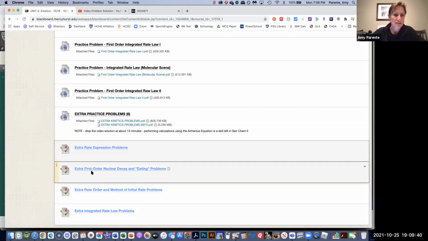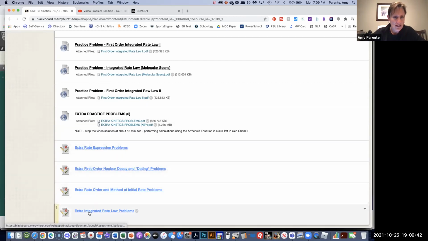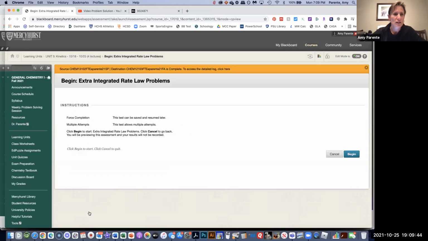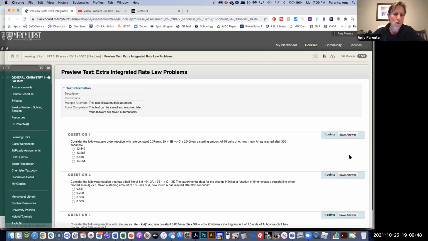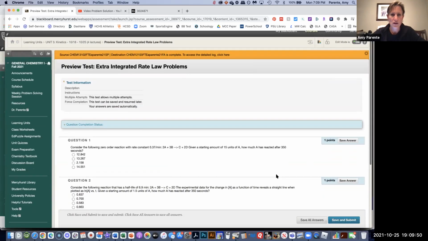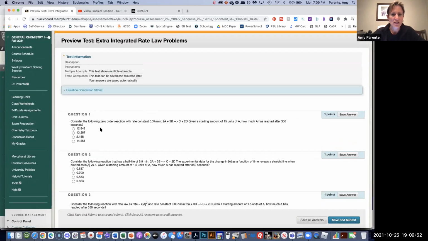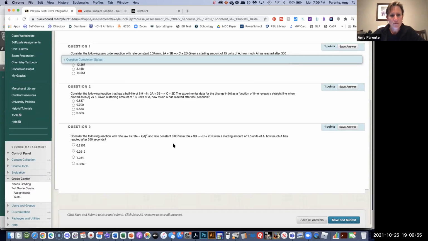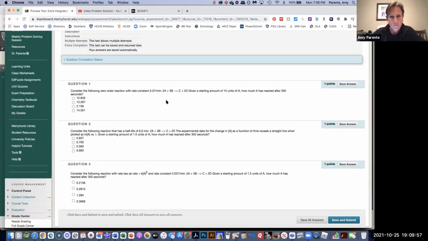So if you wanted to do some extra integrated rate law problems, you can click on this. There's no credit for these. You'll get a score, but it's not part of your Blackboard grade. But again, you'll see a prompt here. These are all problems that are written, in this case, just using a generic reaction. So for these, you can work through the problem. You can take a guess at what you think the answer is.